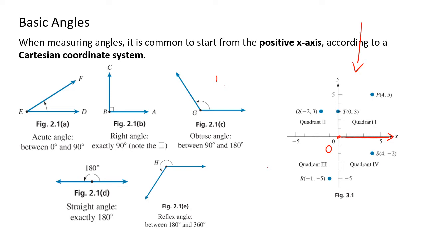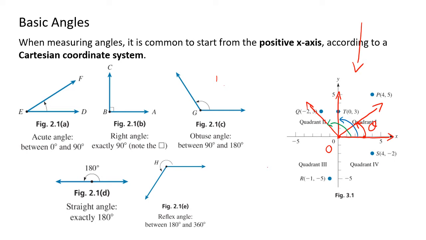Your angle is taken with respect to that positive x-axis. Moving to here, your angle starts here and it's measured outward. The angle is usually symbolized by the symbol theta. As you move further and further outward, your angle gets larger.